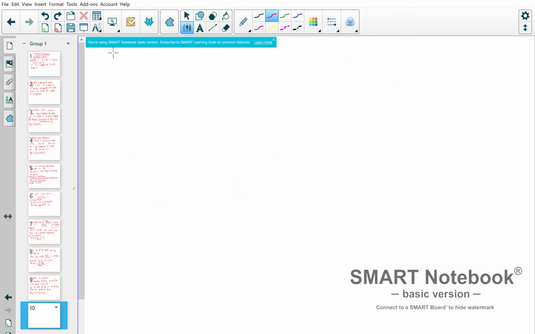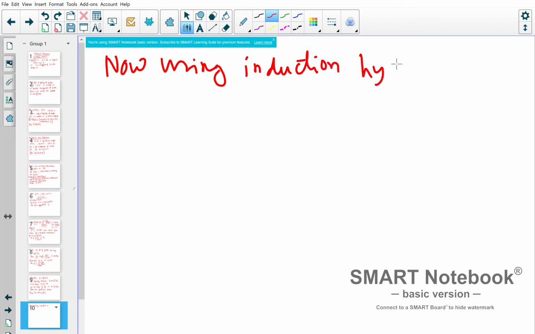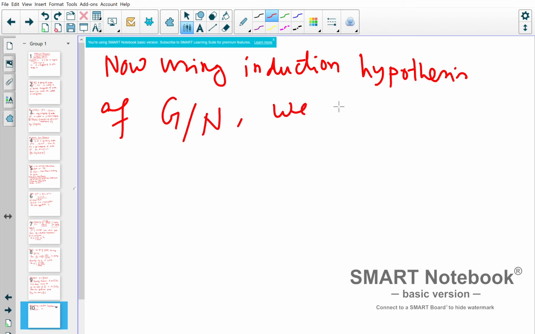So now, using the induction hypothesis on G mod N, what happens? So we get, see, the order of G mod N is now divisible by p power k minus 1, right?